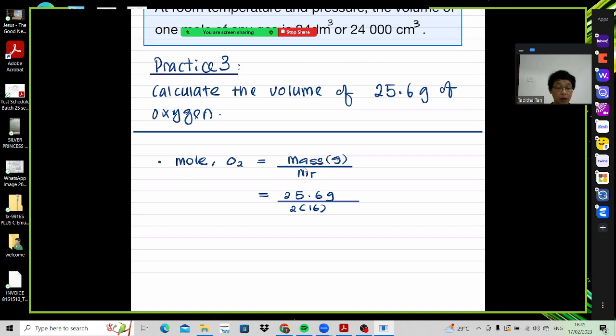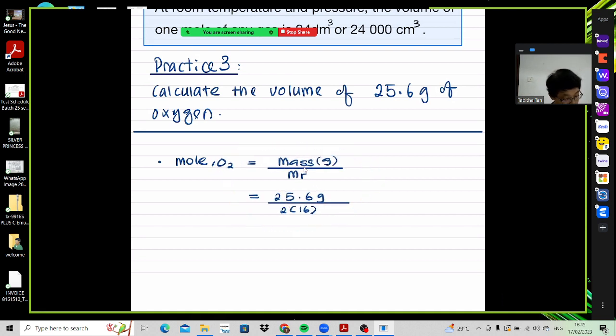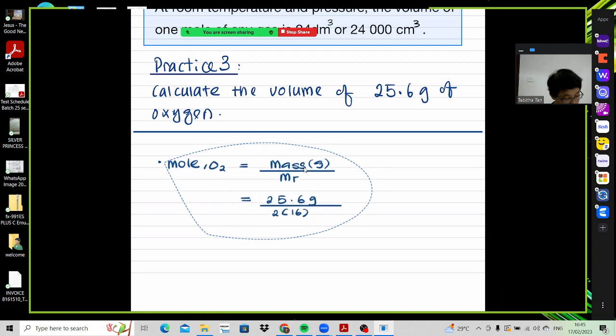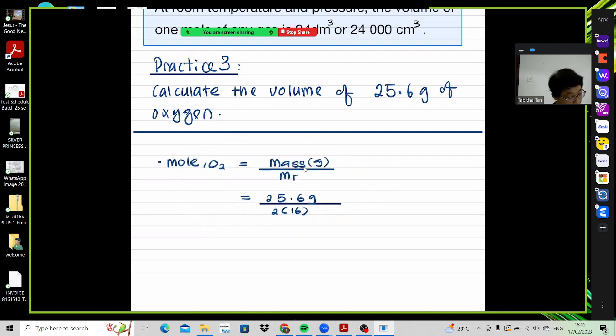The MR for oxygen, you can work out separately: 2 pieces of 16, and that is 32. You can do that separately and then slot it in, no problem.